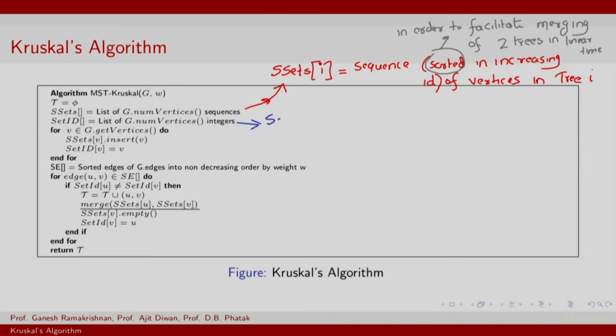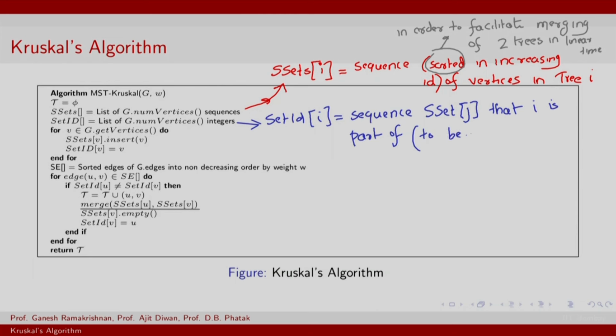So, set ID for node I, vertex I, is the sequence S sets J that I is part of, and again the purpose is to be able to find the tree containing I, so that you only add edges that connect two different trees or two different sequences.